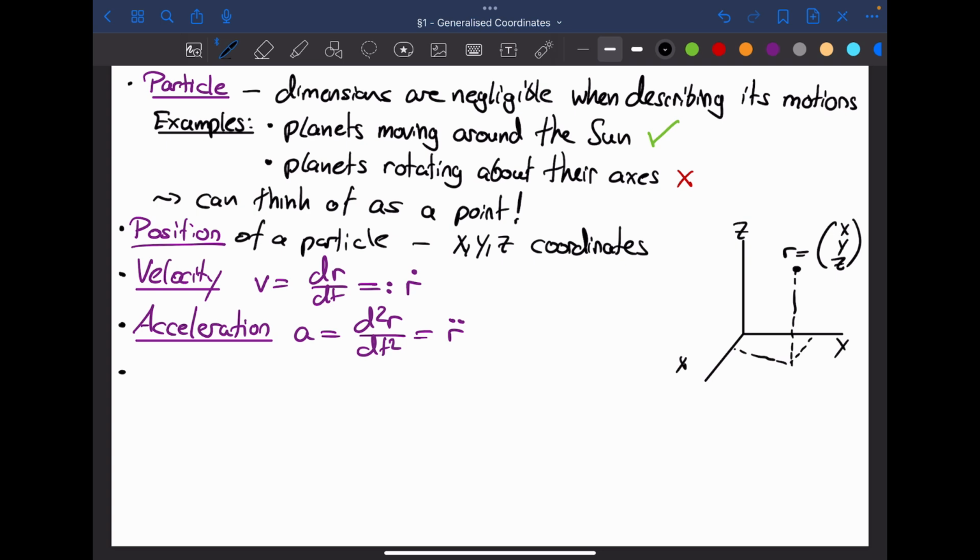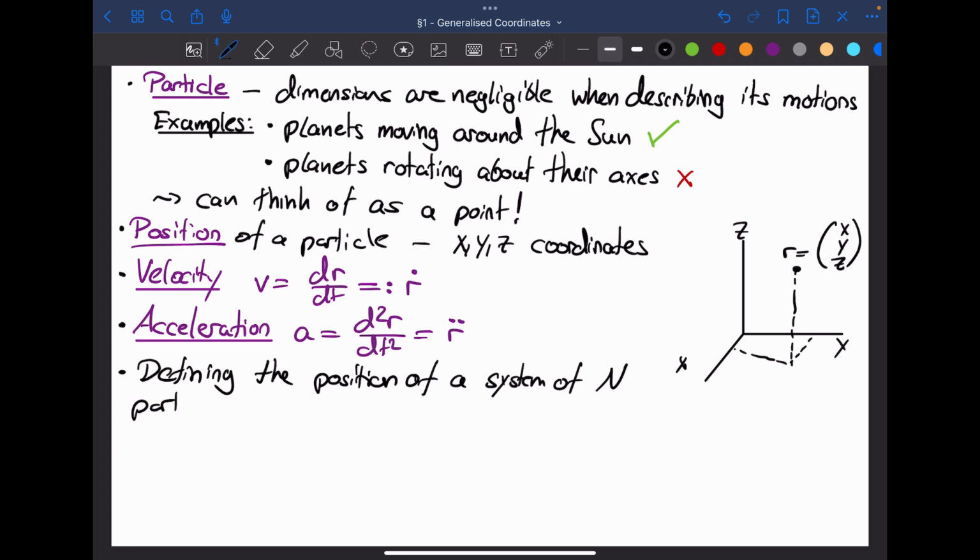Okay, now let's imagine we have several particles, and we want to define the position of a whole system of n particles.